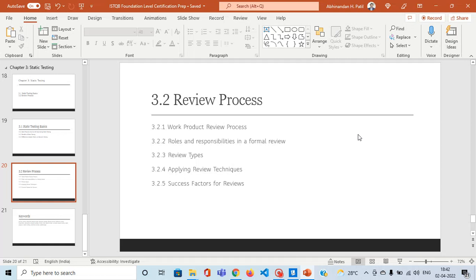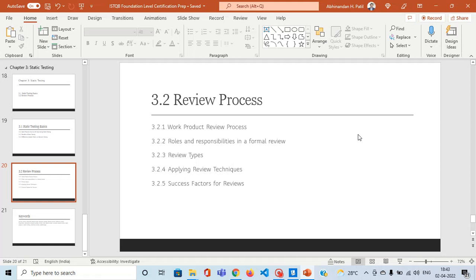And management is involved. Why management? They are the ones who plan the review, review the execution, do budget and time allocation, and monitor the review process. And if there is any deviation, they exercise control.